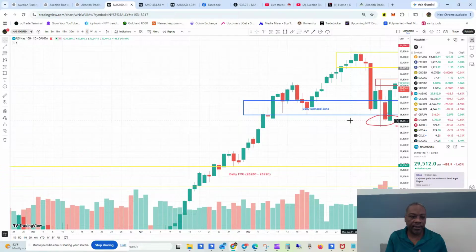That's one of the key strategic things that we focus on here with Akeelah. We have a very specific, proprietary, detailed way of how we find these high probability areas. Our demand zones or supply zones are not traditional zones. What we call our source zones are areas where we determine that a specific move originated.